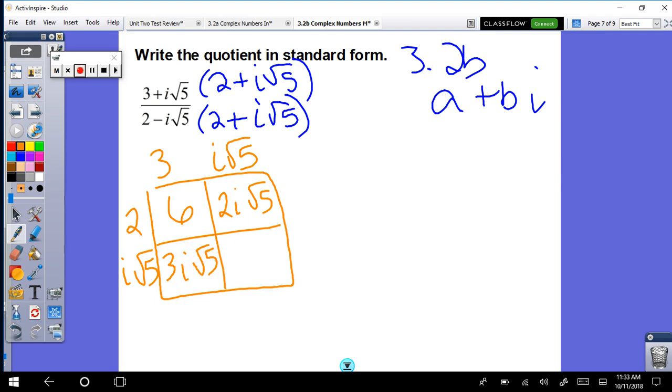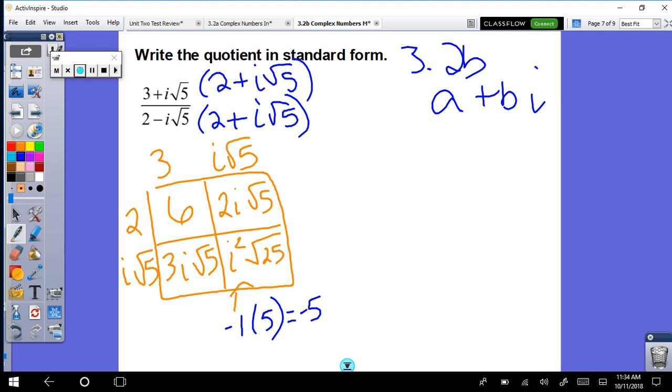And then you're going to have i times i, which will be i squared, and the square root of 5 times the square root of 5, since both those 5s are on the inside, you multiply that, that's going to give you the square root of 25. Now this last box, i squared really equals -1, and the square root of 25 really equals 5. So -1 times 5, that last box really just equals -5 there.